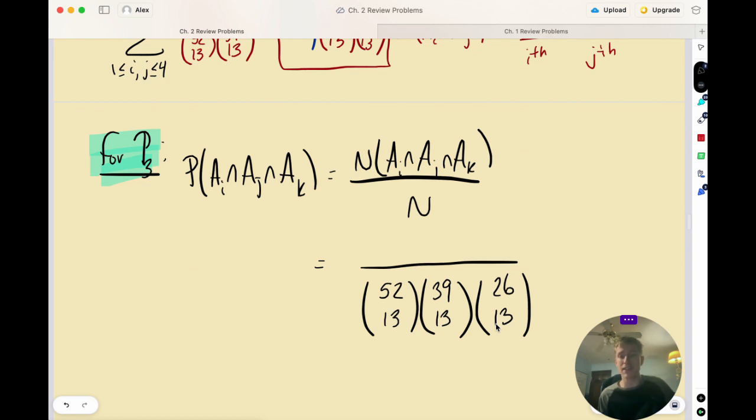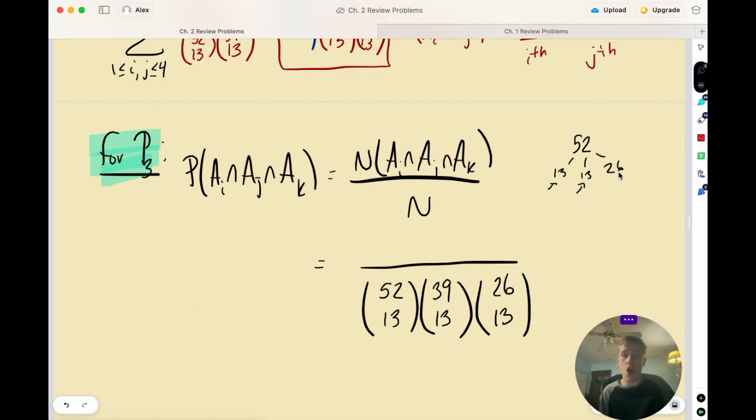If I'm only looking at situations in which A_i, A_j, and A_k could possibly be dealt a complete suit, that means I'm dividing 52 cards up into groups of 13, 13, and 26. 13 because that's the first person that's guaranteed to have a complete suit. 13 because the second person is also guaranteed to have a complete suit.